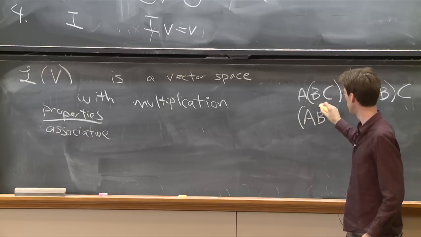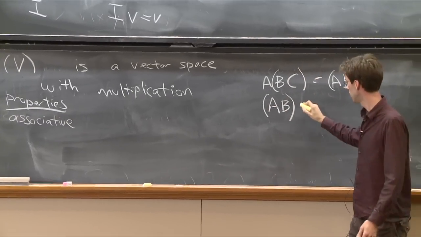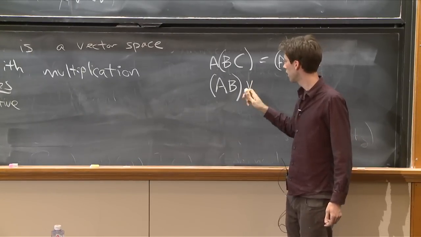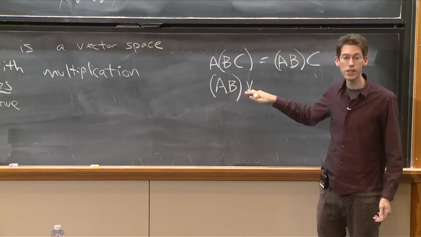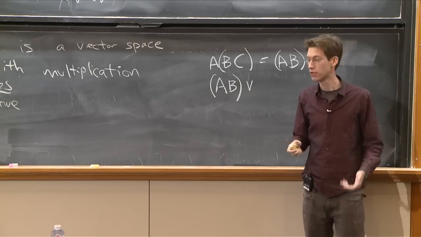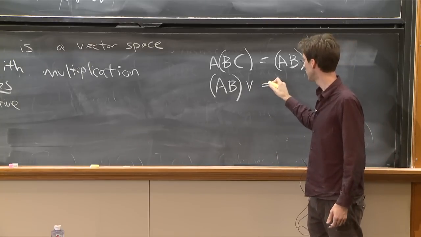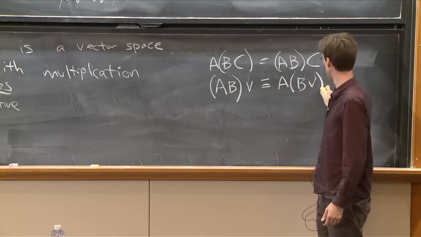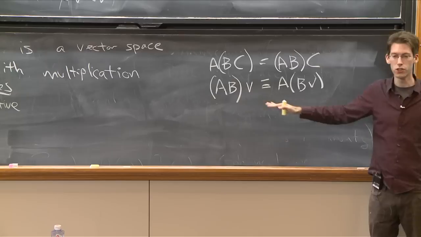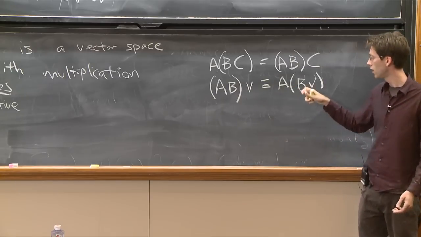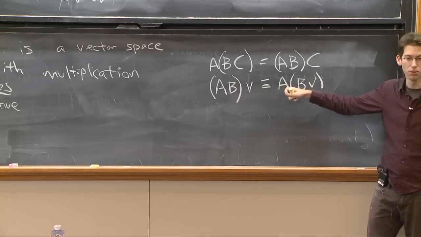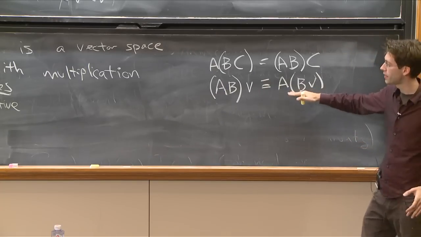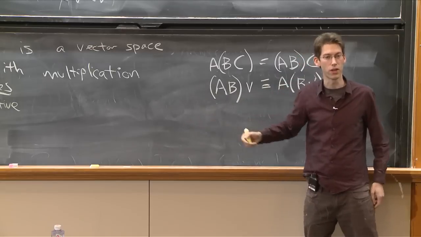And so the definition of AB can be thought of as asking how does it act on all the possible vectors. And this is defined just in terms of the action of A and B, as you first apply B and then you apply A. So this can be thought of as the definition of how to multiply operators.